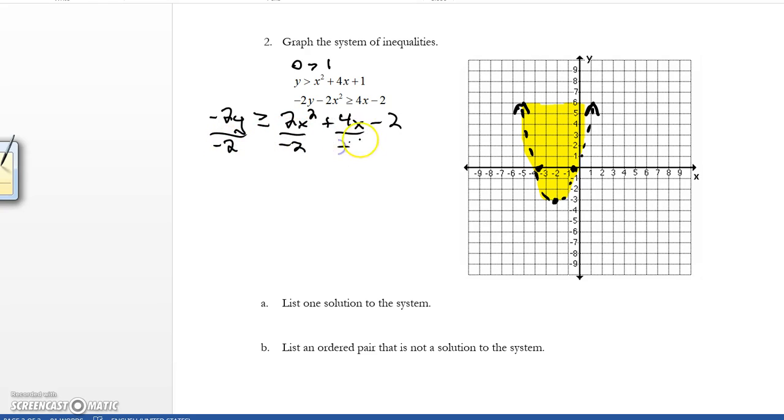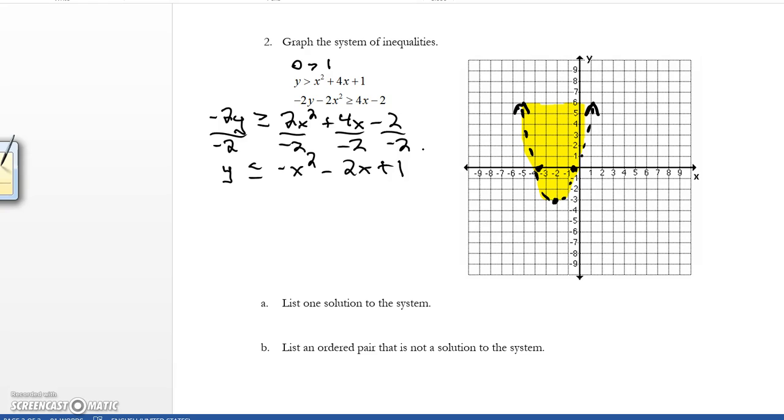Everything divide by negative 2. And so this becomes y. Now remember, when we divide by a negative, we have to flip this inequality. So that gets flipped. This becomes negative x squared. This becomes negative 2x. And this becomes plus 1.